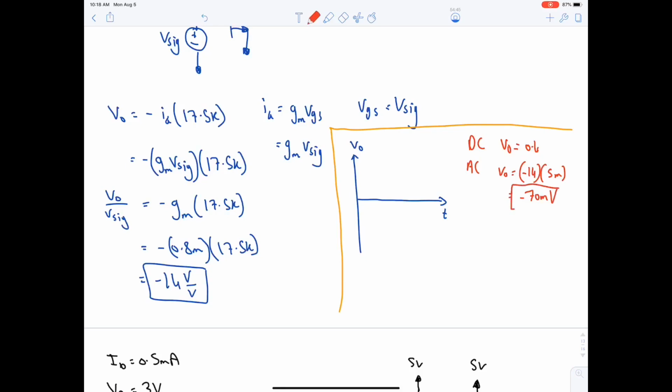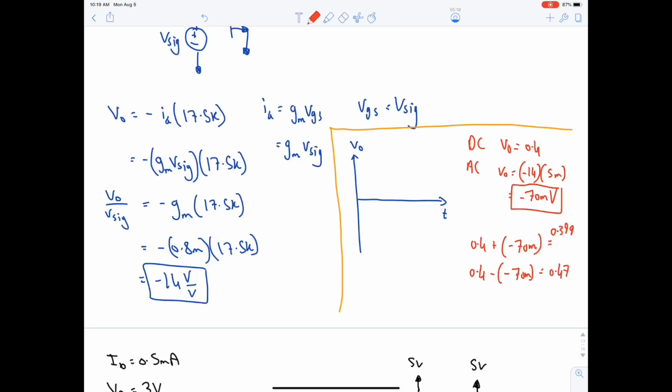Okay, so 0.4 plus 70 milli, and 0.4 minus 70 milli. This will give us 0.4 plus or minus 70 milli: 0.399, and 0.4 plus 70 milli, that's 0.47.